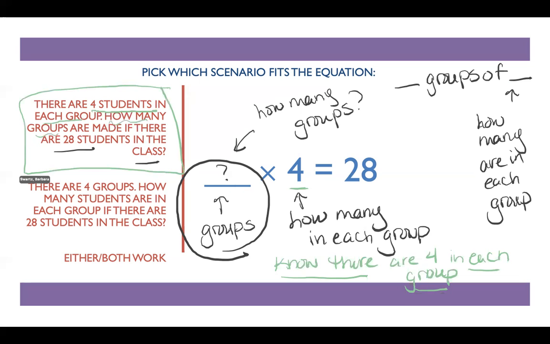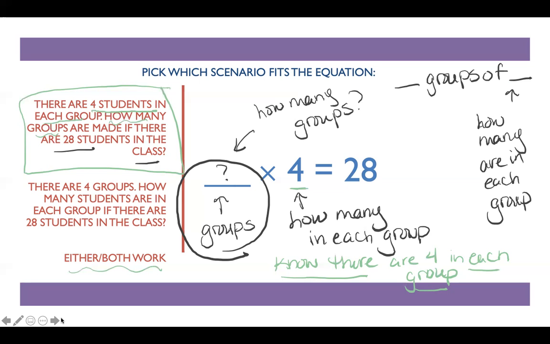In this case, I know many people wanted to say either or both work, but technically, if we're reading our multiplication as blank groups of blank, then this should say 7 groups of 4 is 28. So this is our first scenario.